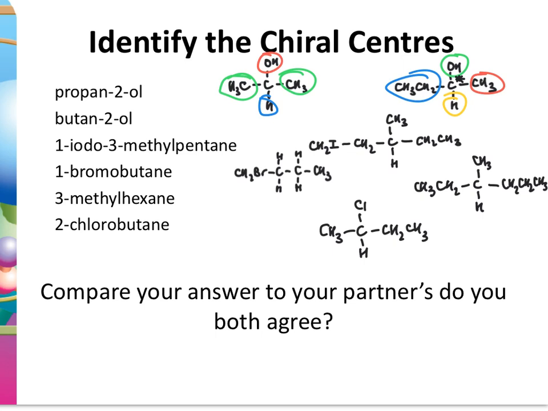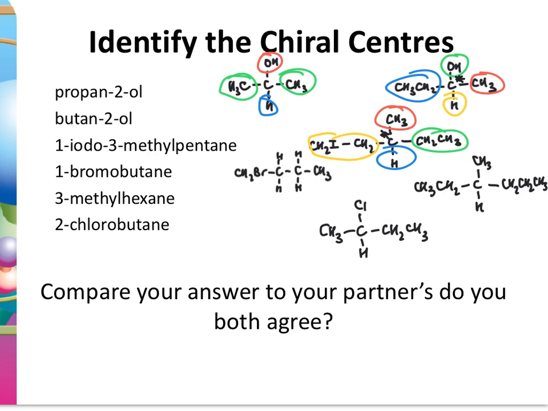What about the 1-iodo-3-methylpentane? We have a methyl, a hydrogen, an ethyl, and an iodoethyl. So that's also going to exhibit optical isomerism, and we have a chiral carbon there at the center.